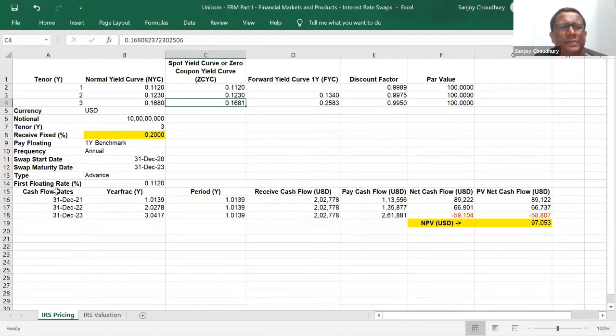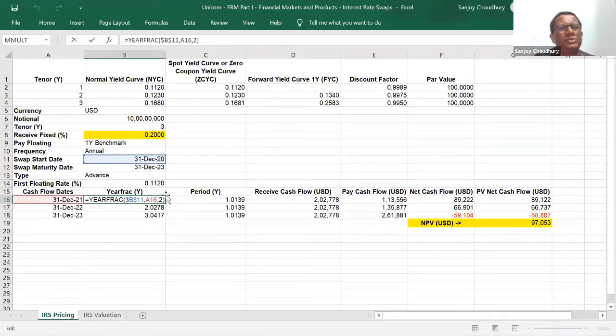So in this case, the cash flow dates are 31st December 2021, 31st December 2022, and 31st December 2023. The year fracs essentially is the period from the start date or settlement date or valuation date till the cash flow dates. So in this case, typically 1 year, 2 year, 3 year. Some fraction is there because the conventions being used are slightly different.